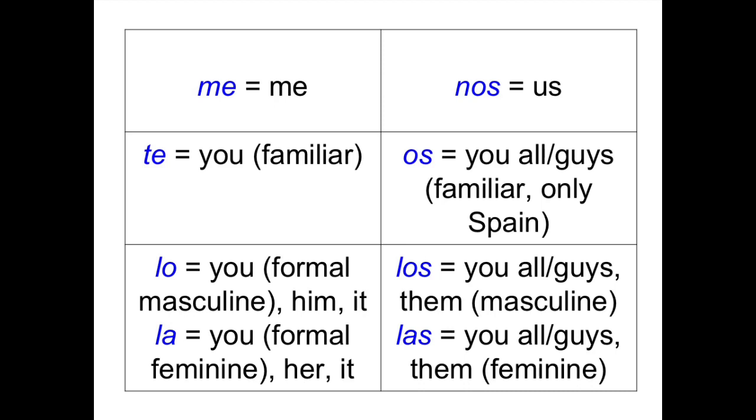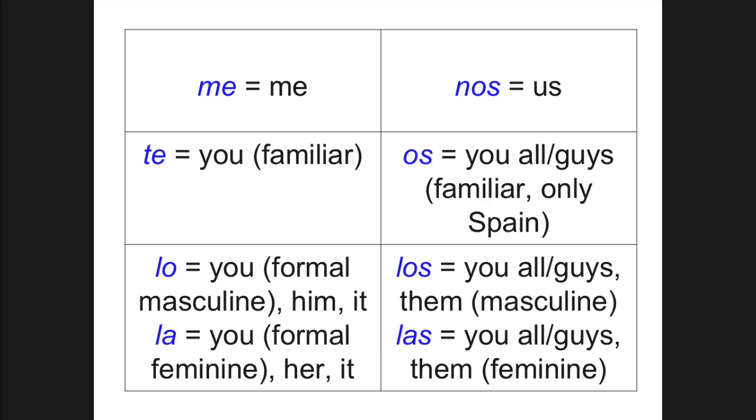Nos means us, os means you all or you guys, used only in Spain, los means you all or you guys or them, and las means you all or you guys or them, feminine.